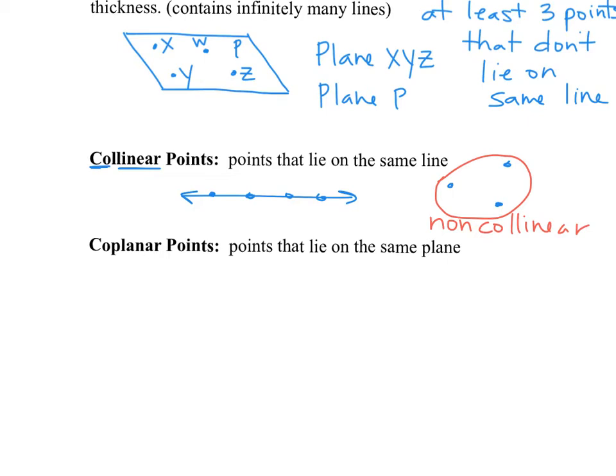Okay, and same thing goes for coplanar. Coplanar points, that was super fast. Nice, good work. Coplanar points are points that lie on the same plane. So for instance, if I have this setup, now kind of a trick question here, are those 3 points coplanar?